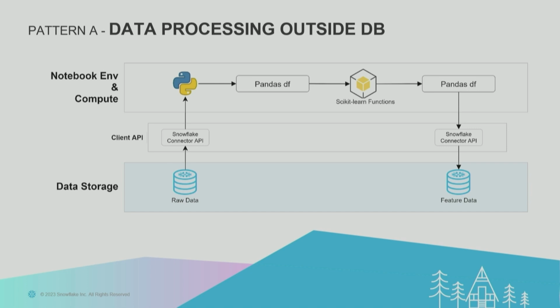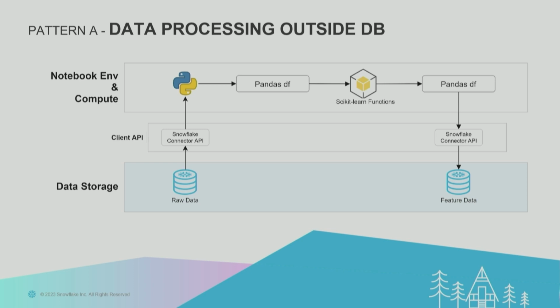So in Fidelity, we do allow data scientists to access the data from our enterprise data lake, shown on the left, from our raw data, using one of the Snowflake or Snowpark connector APIs and loading that data into a Pandas data frame. Now, this pattern also can apply to Spark ML.